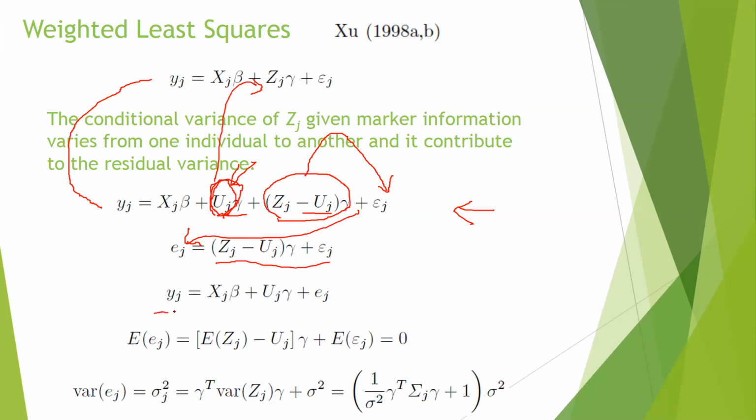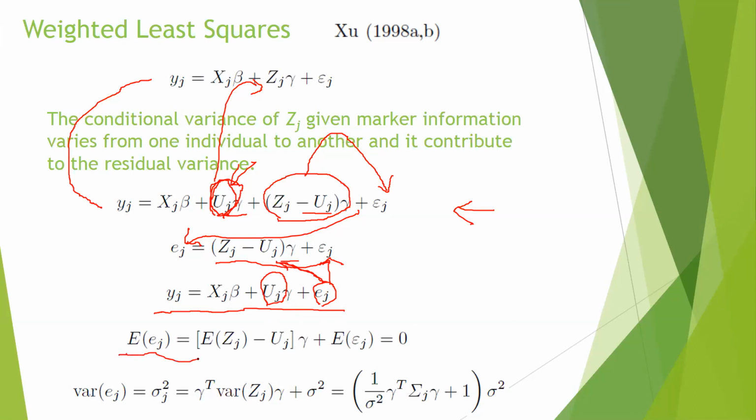Okay, so this is the model we use for the real data analysis, because in the real data analysis, we use the expected value of Z in the calculation. And this error actually includes two parts: the original random error and the error introduced by using the expected value of Z. So this is the real error term in the data analysis.